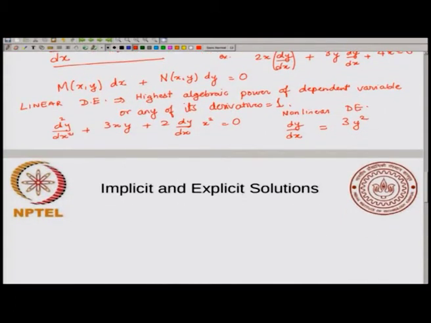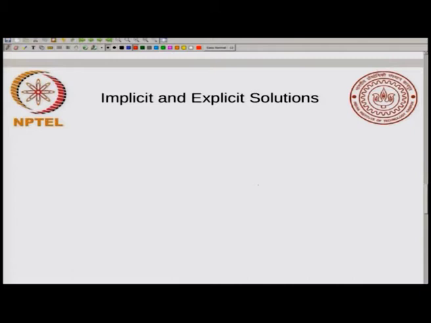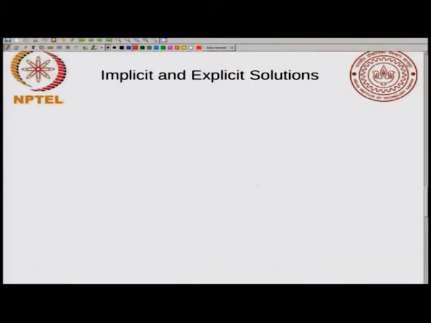And now what do you do with the differential equation? You solve it. Now there are different things that you have to keep in mind while solving it. Suppose we consider the case where y of x, y is a function of x, and y is the dependent variable, and x is the independent variable.